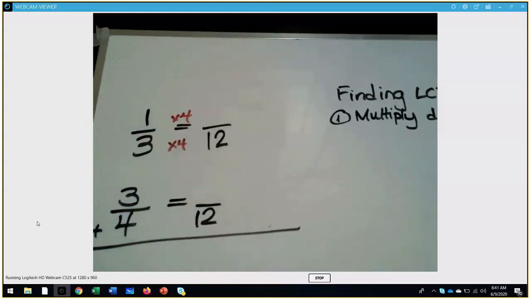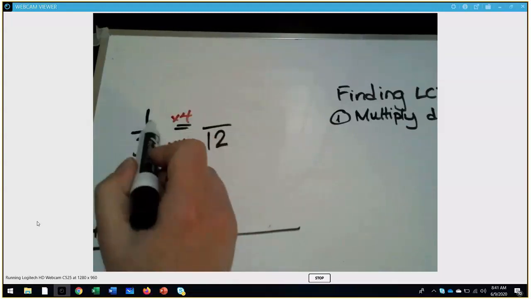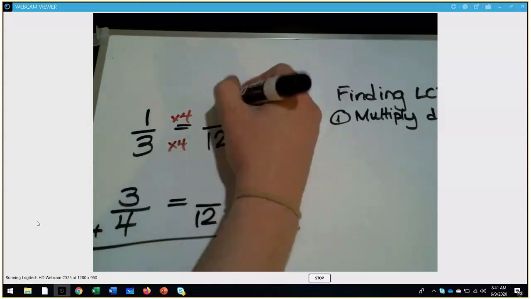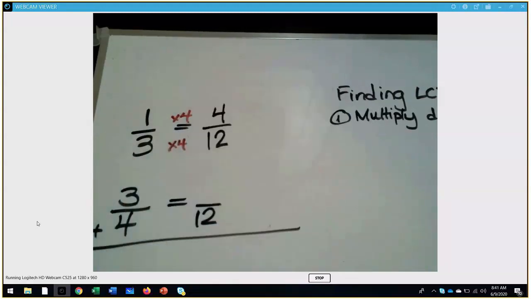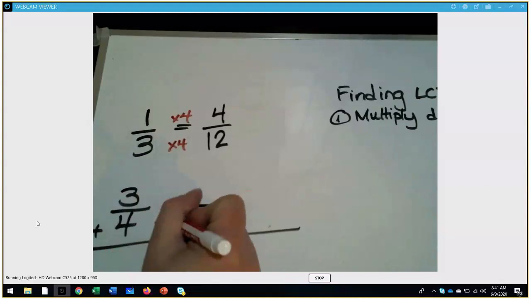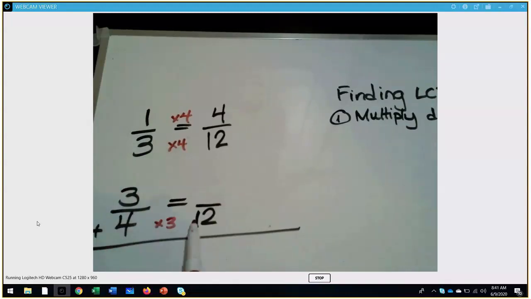So you can't just bring the 1 over, you need to make it equivalent. And then we do the same thing for the other one. We multiplied the 4 by 3 to make it 12, so we're going to multiply the 3 by 3 to keep your fraction equivalent.